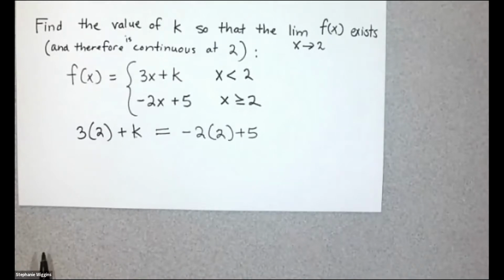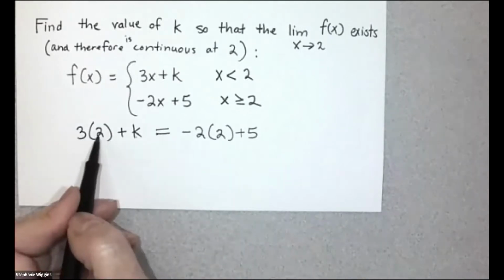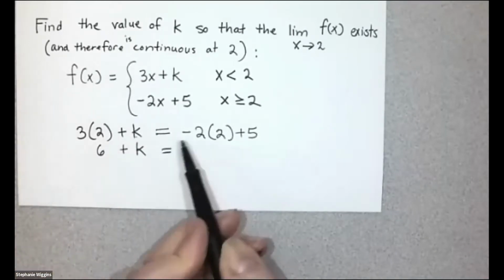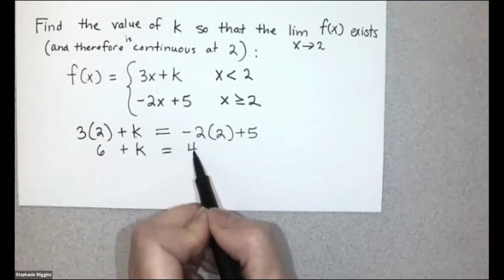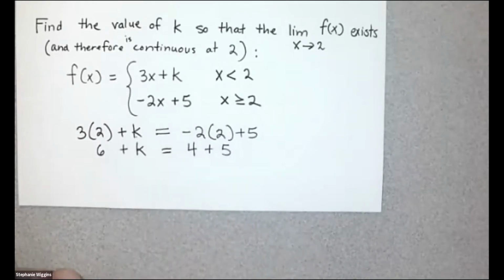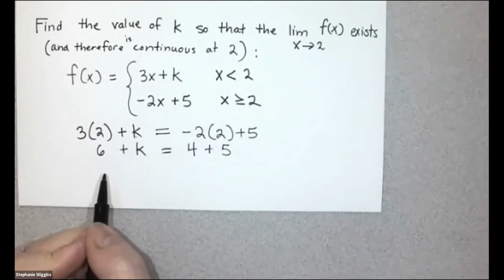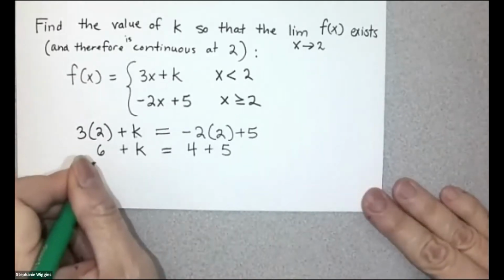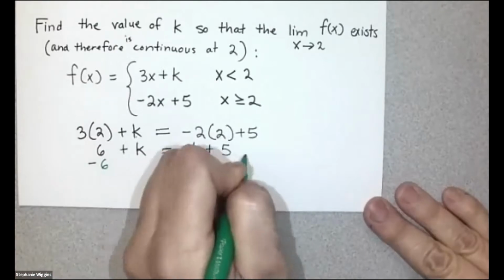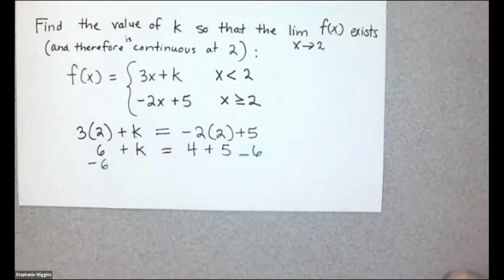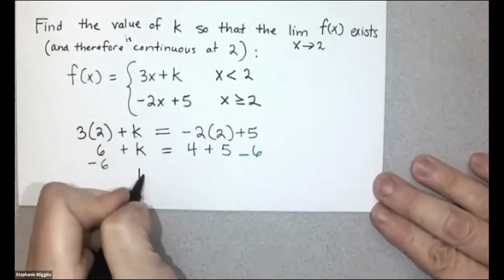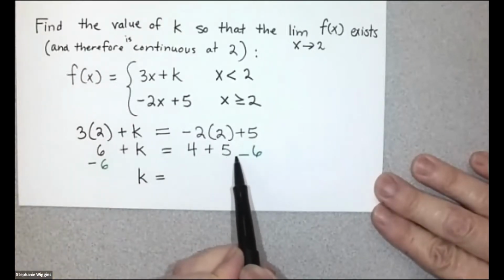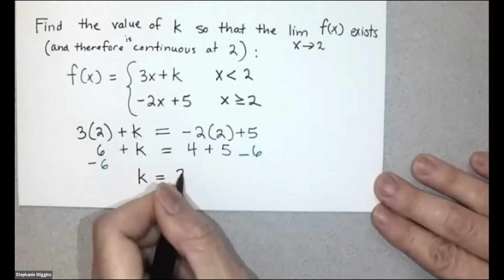So I just have to solve this for k. So 3 times 2 is 6, plus k is equal to minus 2 times 2 is 4, plus 5. And to isolate the k, I'm going to subtract 6 from both sides. Okay, k is equal to 4 plus 5 is 9, minus 6 is 3.